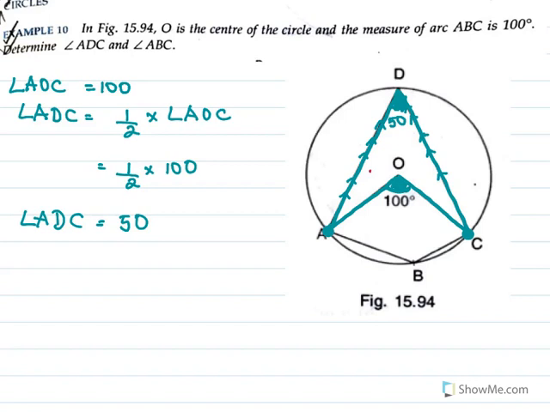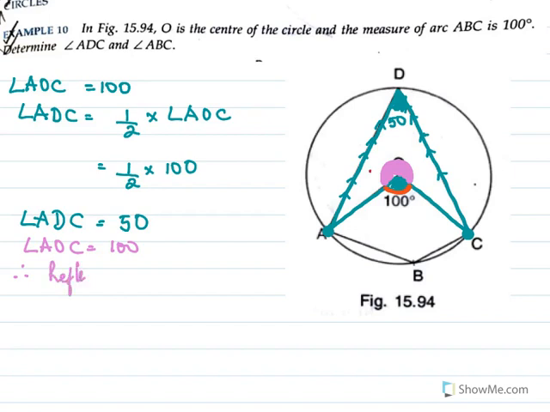If this angle is 100, we can now find the angle on the other side. On the other side we have this angle, which will be 360 minus 100. So we have angle AOC equal to 100.